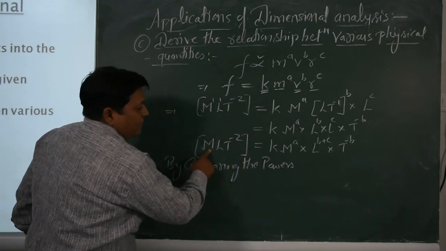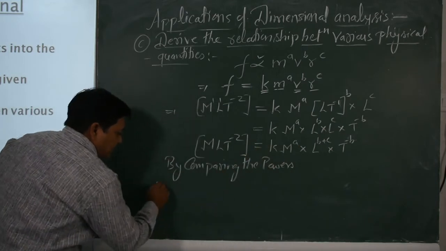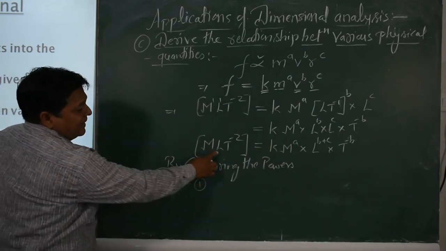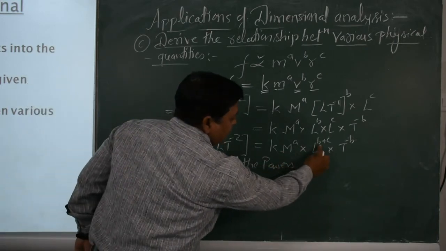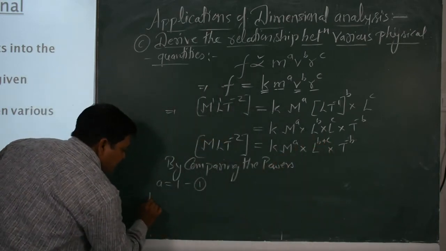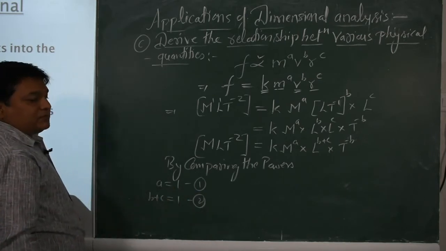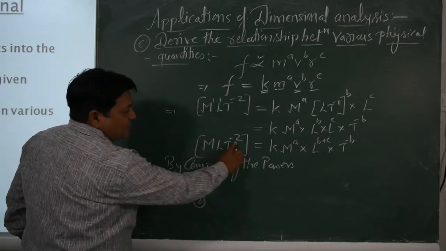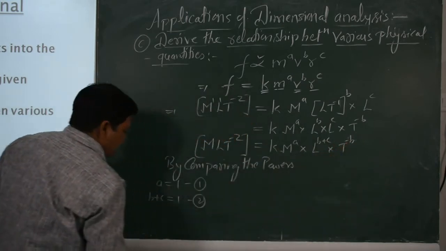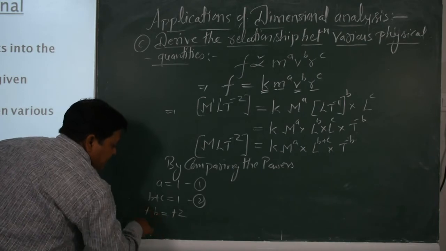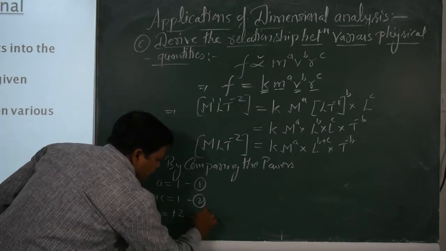M to the power 1 and a. So, here we are getting a is equal to 1, equation 1. L power is 1 and L power is b plus c. So, we write b plus c is equal to 1, equation 2. T to the power minus 2 is equal to minus b. So, we write here minus b is equal to minus 2, minus is cancelled by minus, this is equation 3.